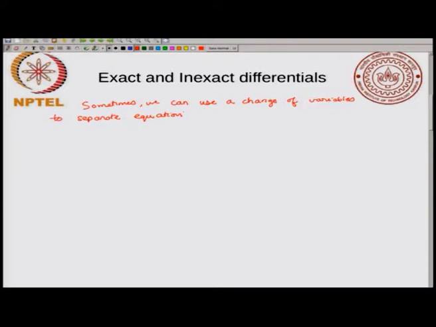An example of that: suppose you have the differential equation x y prime equal to x plus y. You cannot separate this; it is not separable.